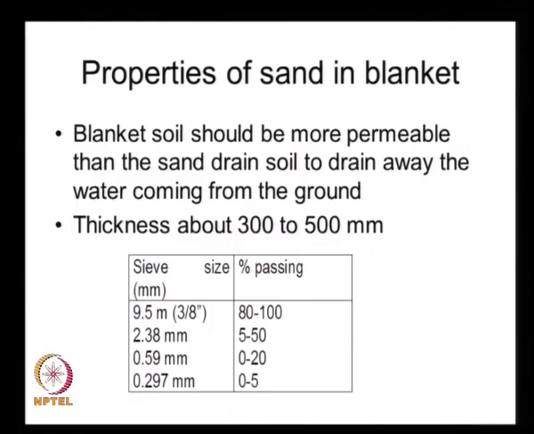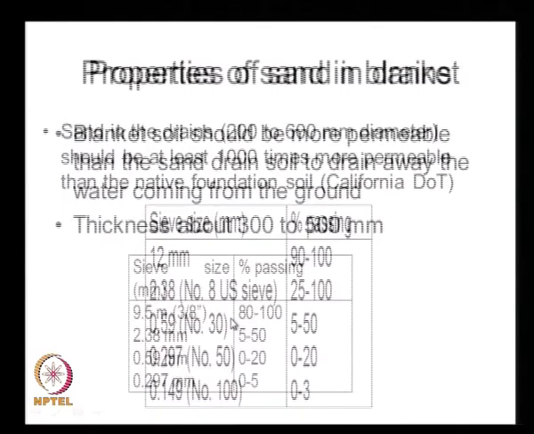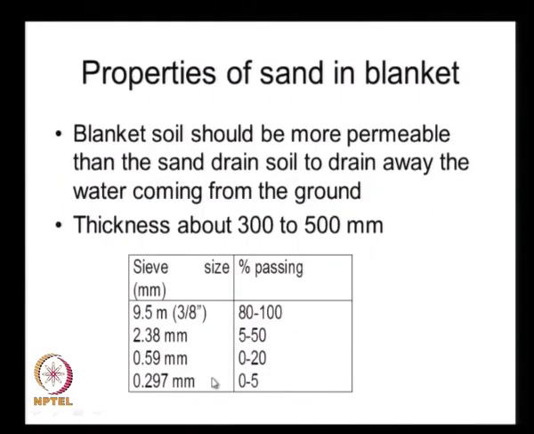As we can see, more than 80% of the soil placed in the blanket should be coarser than 600 microns. In the previous case 50% was coarser than 600 microns, whereas here more than 80% should be coarser, because this soil should cater to the quantity of water coming out from the ground.